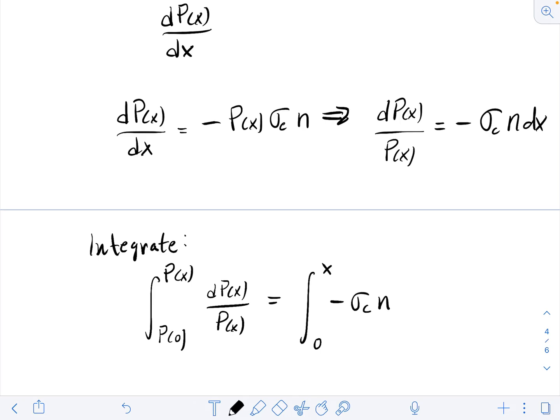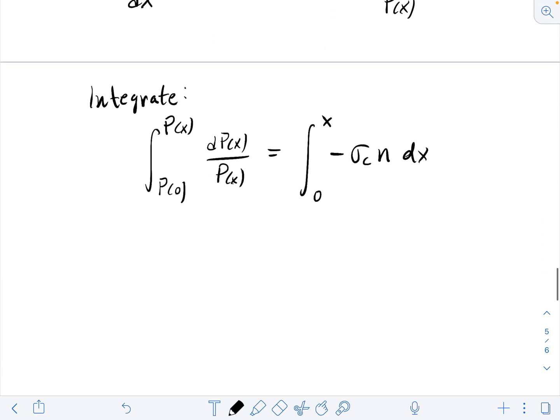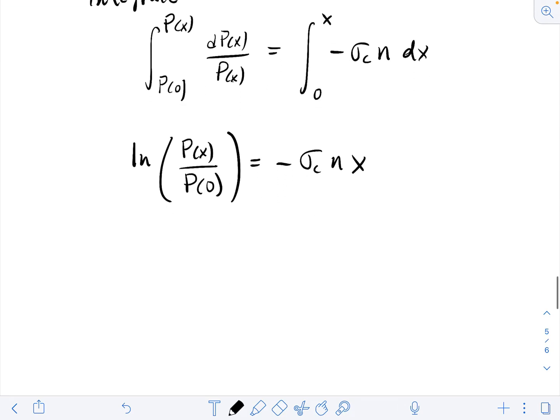And then we have a bunch of constants, the scattering cross-section and the number density dx. Okay, so this is going to be the ln of p of x over p0 is equal to minus sigma c n times x, or solving for p of x, p of x is equal to p of 0 e to the minus sigma c n times x.